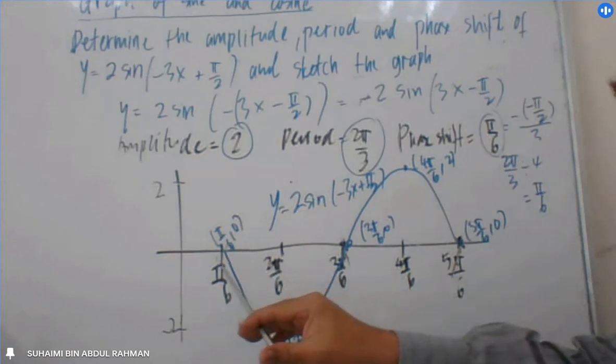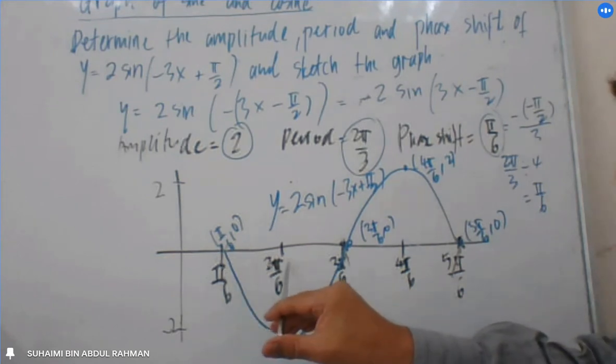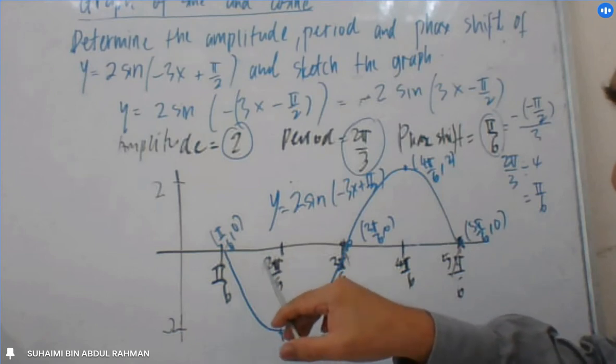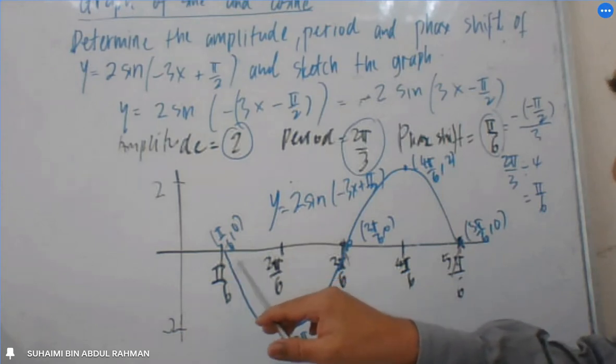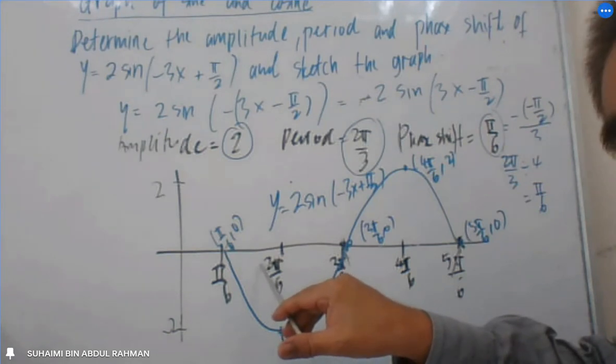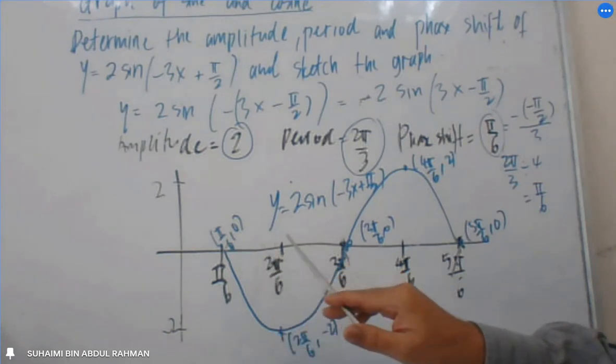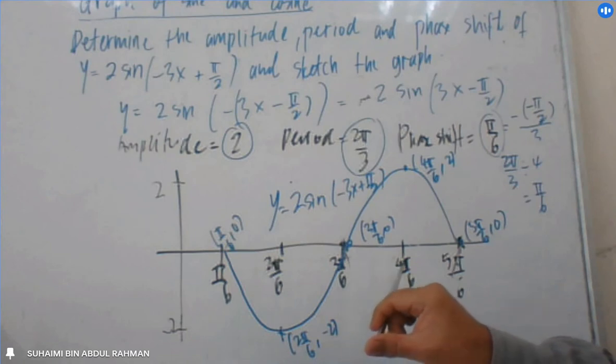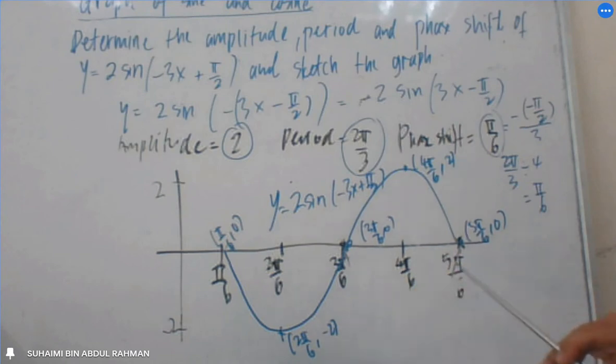So if here is pi over 6, here is supposed to be 2 pi over 6, because you plus another pi over 6. 2 pi over 6 plus pi over 6 gives 3 pi over 6, then 4 pi over 6, then 5 pi over 6.